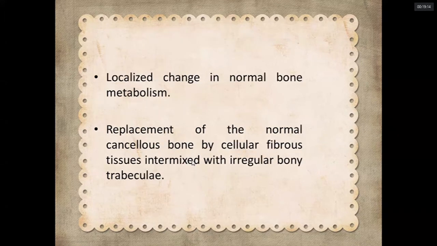In fibrous dysplasia, there is a localized change in normal bone metabolism where there is a replacement of the normal cancellous bone by cellular fibrous tissue, and this fibrous tissue is always intermixed with irregular bony trabeculae.